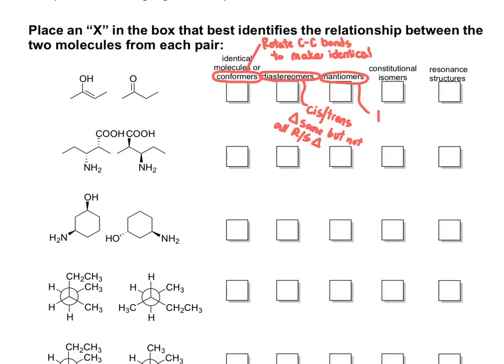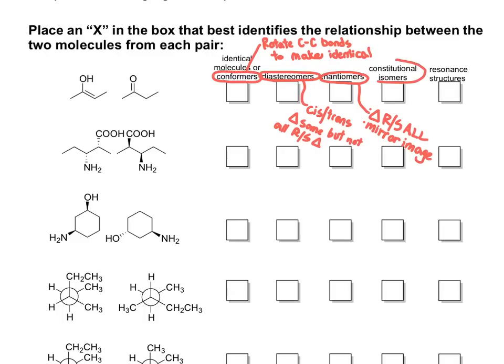To create non-superimposable mirror images, that means that we're changing all the R's to S's or S's to R's. In other words, all the wedges are becoming dashes, or all the dashes are becoming wedges. Or the other way to look at it is we've created a mirror image that is non-superimposable on the starting structure.